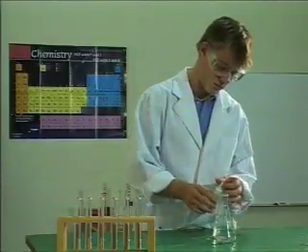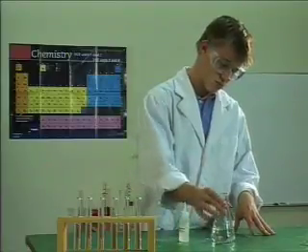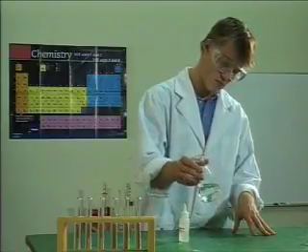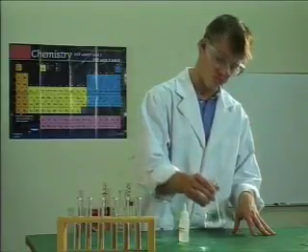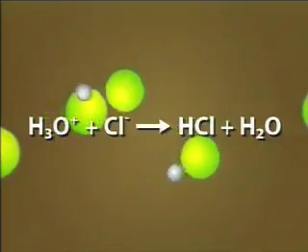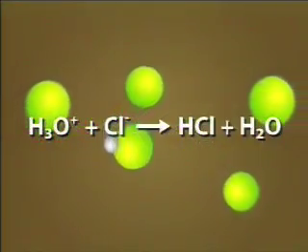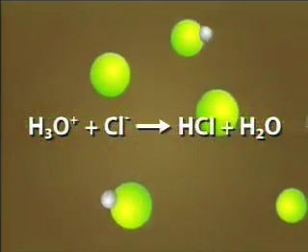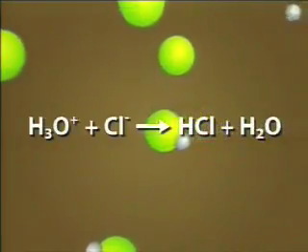That is, accept protons, or H+ ions. In this reaction, then, we call chloride the conjugate base of hydrochloric acid, the product that is formed when the H+ is given away by the acid. Likewise, hydronium ions, which have a positive charge, can act like acids, giving away their H+ ions.